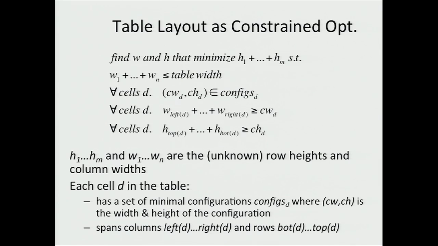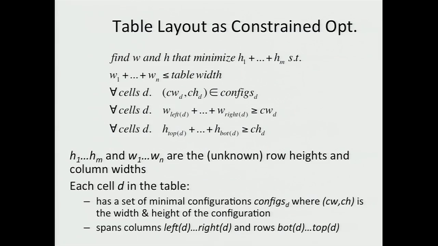And then for each cell, we have a set of configurations that cell can take, different numbers of lines of text, and we require that for each cell, the width of the columns that cell spans has to be greater than the width of the configuration that we've chosen, and similarly that the height of the rows that cell spans has to be greater than the configuration height.